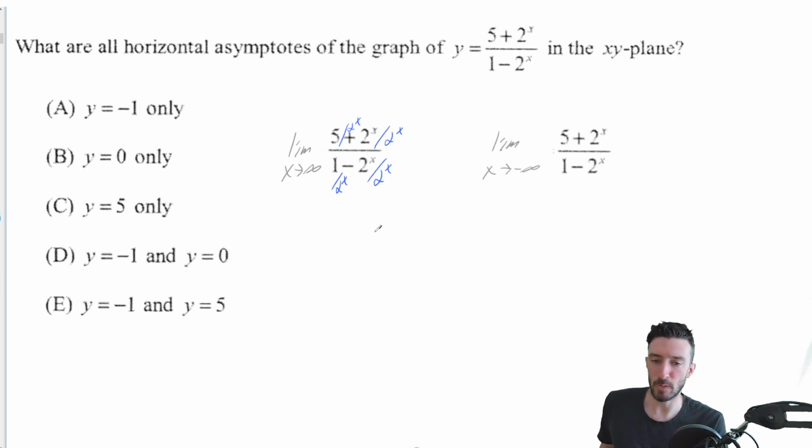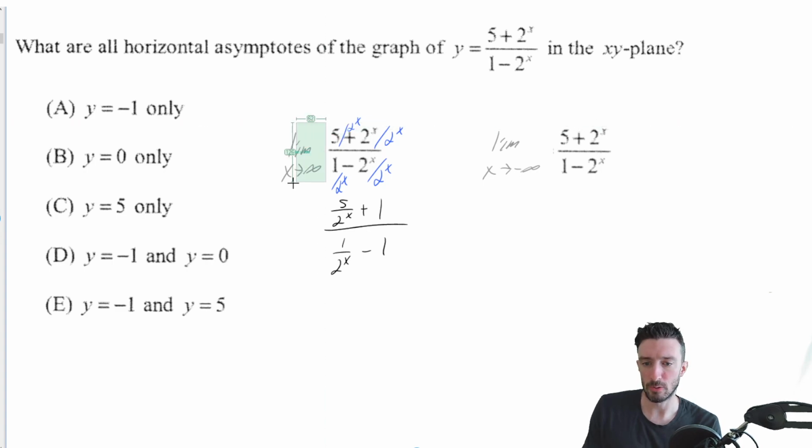And if I do that, I'm going to end up getting 5 over 2 to the x minus 1, plus 1 over 1 over 2 to the x minus 1. And then it's still going to be the limit as x approaches infinity of all of that.